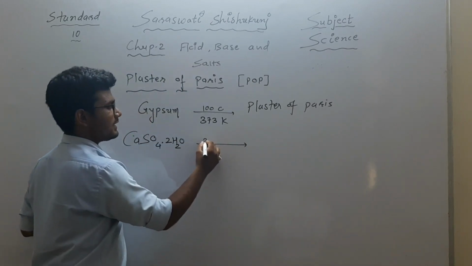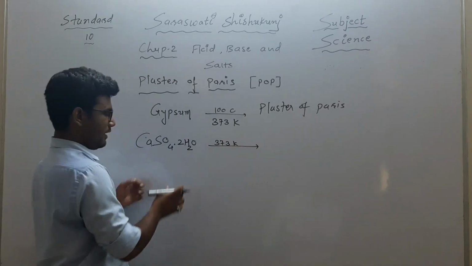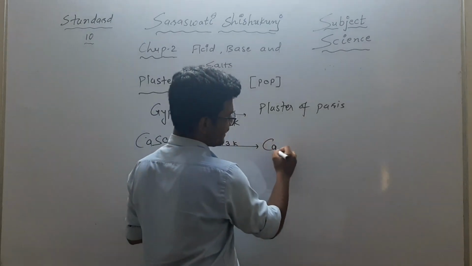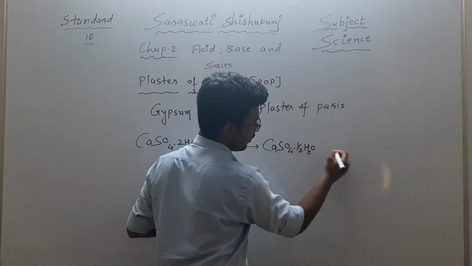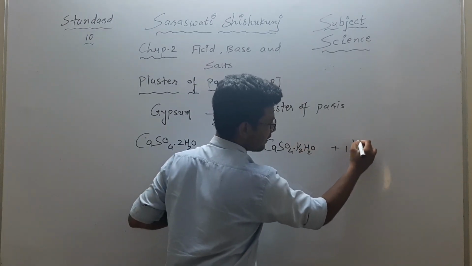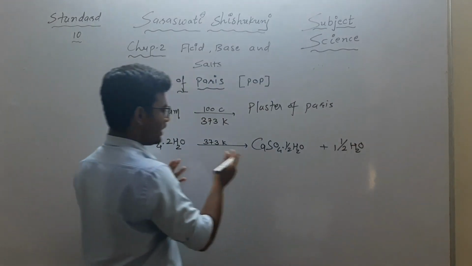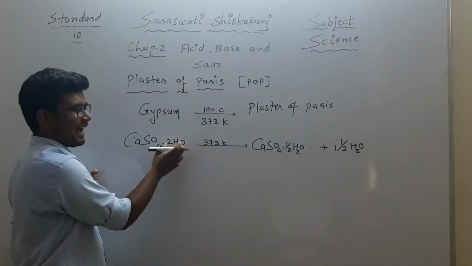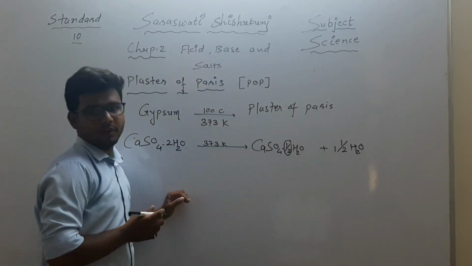Now when it is heated at 373 Kelvin of temperature, from here we will get CaSO4 into half H2O plus 1.5 H2O. So here you can see that this was dihydrate and here there is only half a crystal of H2O.